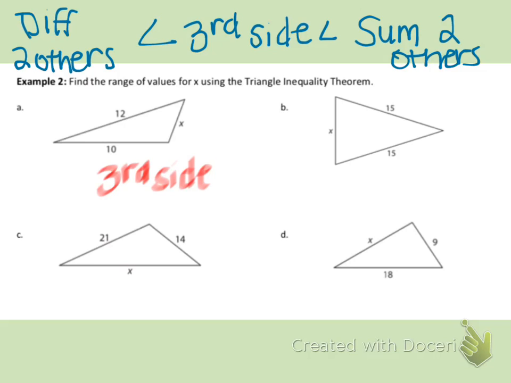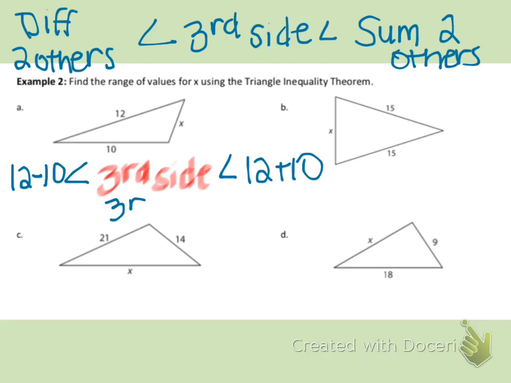Specifically with the difference, you have to make sure you subtract the smaller from the larger, because otherwise you get a negative. So on one side we have 12, and on the other we have 10. It has to be less than 12 plus 10, but greater than 12 minus 10. So that means the third side has to be less than 22, but greater than 2.